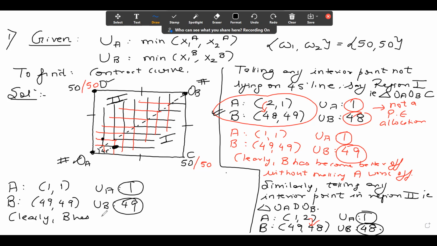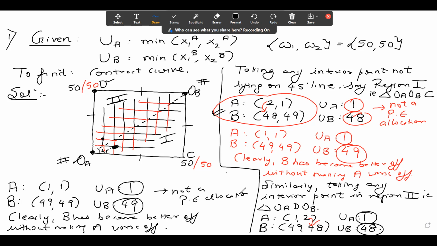So again, all I can say is that any point in region 2 is also not Pareto efficient. So I can say this is not a Pareto efficient allocation.